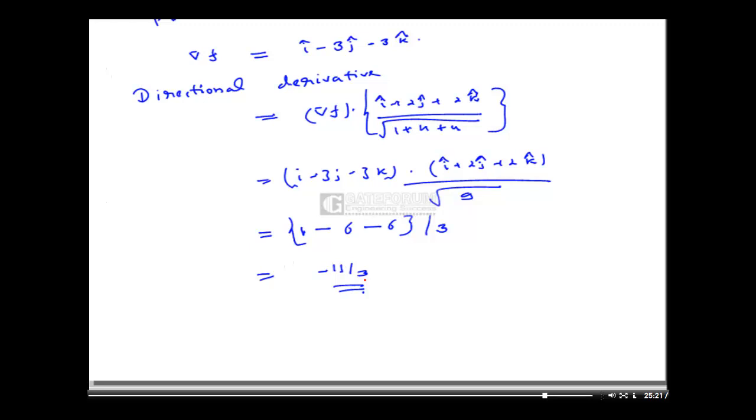It is a simple procedure. Okay. Now this gradient problem can be asked in a different way also. For example, see this problem. Suppose a question comes to find the greatest rate of increase.